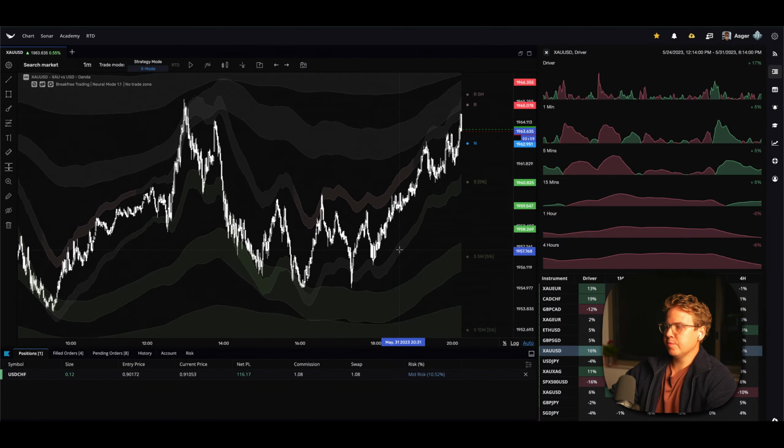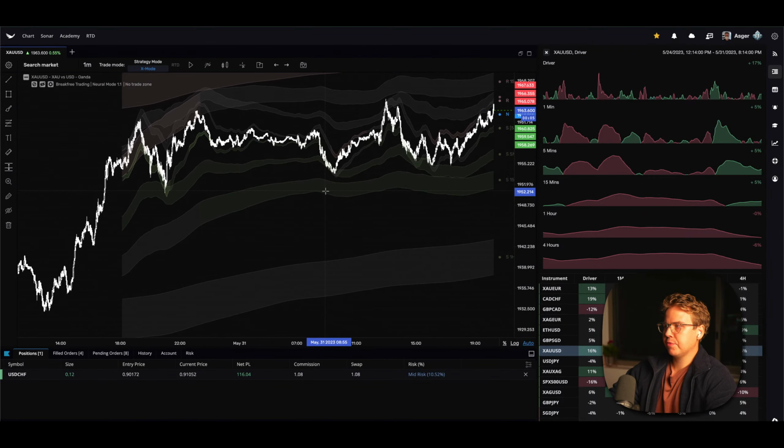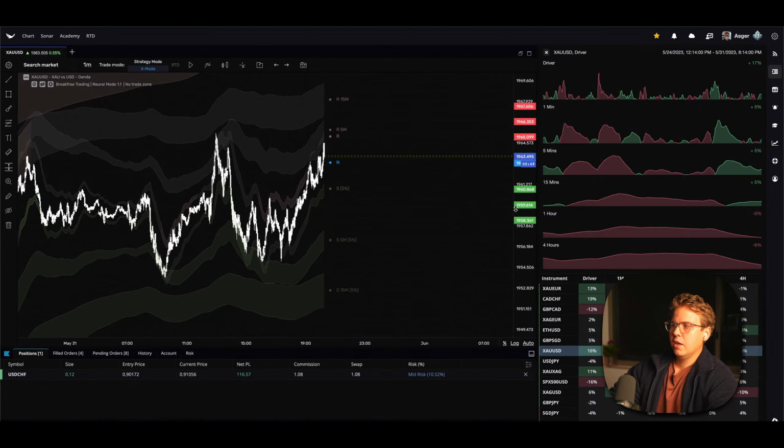Yeah, so the thing is, we don't really have a consistent trend here on gold yet. It has been selling off for some time in the past. You can see it's just coming to an end now, and then we have this buying that's been going on and doing pretty well. 15-minute doing well, 5-minute, right? So how would we trade this?